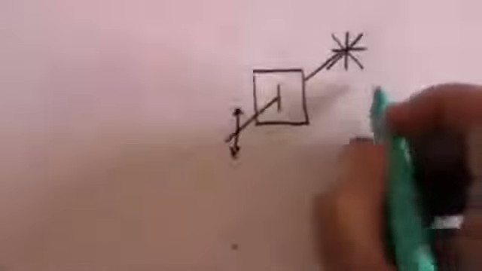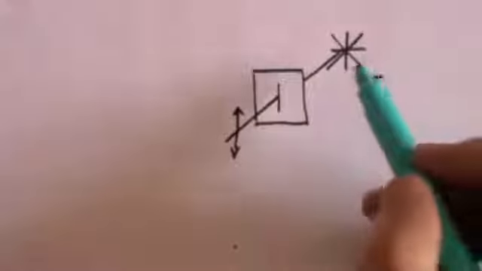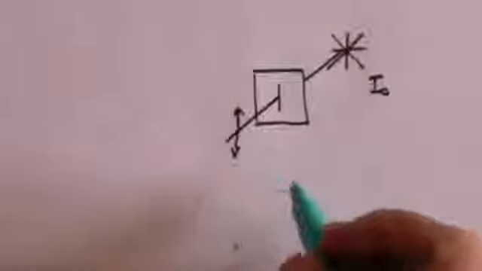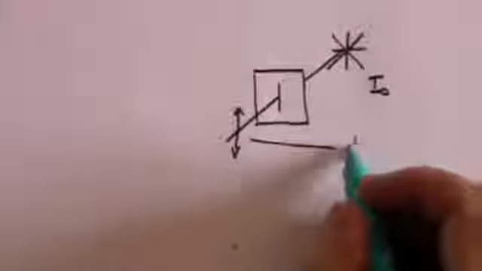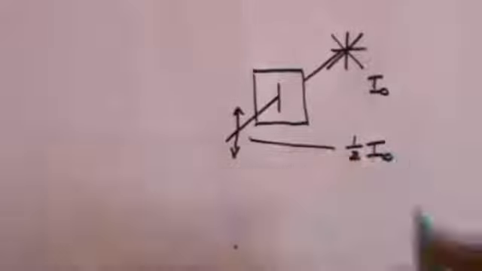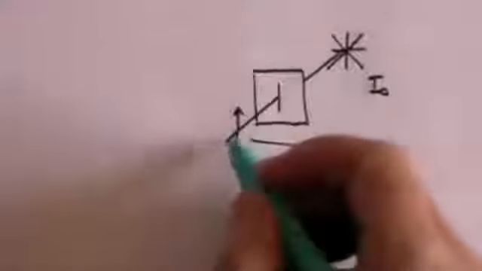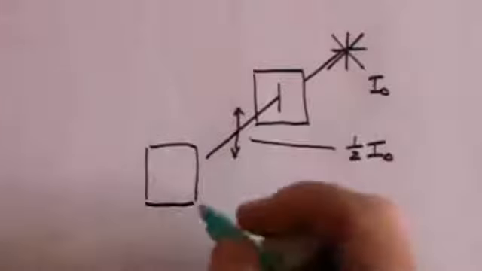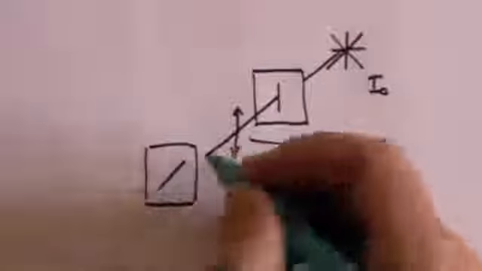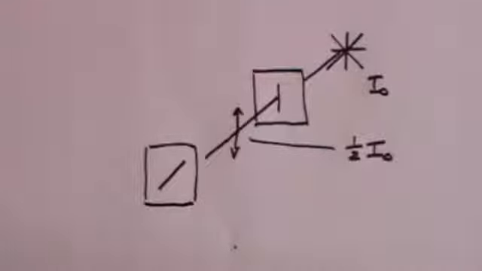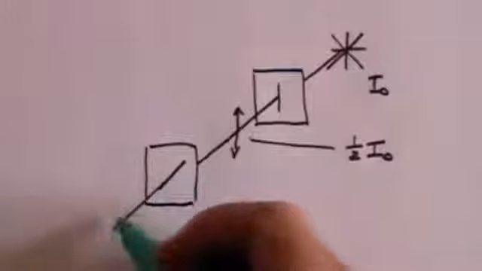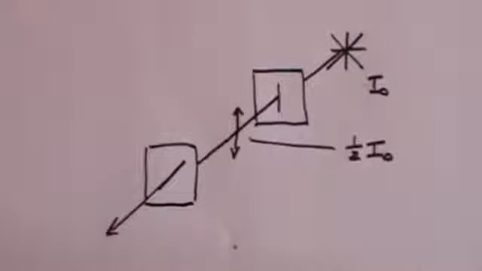And as we've just shown, if the intensity of light, which is unpolarized, is I0, then the intensity of the light that comes through the polarizer will be a half I0. Now I'm going to send that light through another polarizer. This time it's going to be angled at 45 degrees. And the question is, what comes out the other side?